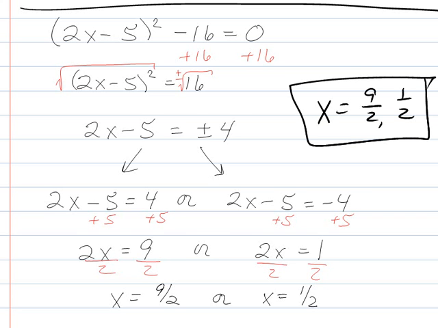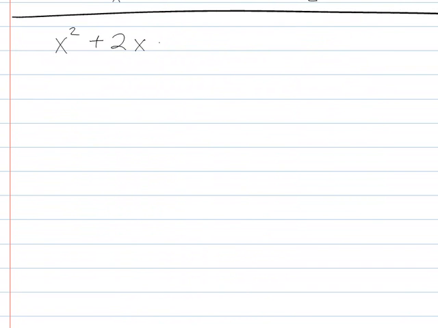Now, I guess one more step toward completing the square would be to show you a problem like this. If I have x squared plus 2x plus 1 equals, I don't know, 25. All right. Now, I want you to just trust me on this. We're going to leave the 25 where it is. I want you to factor what we have on the left, like this.